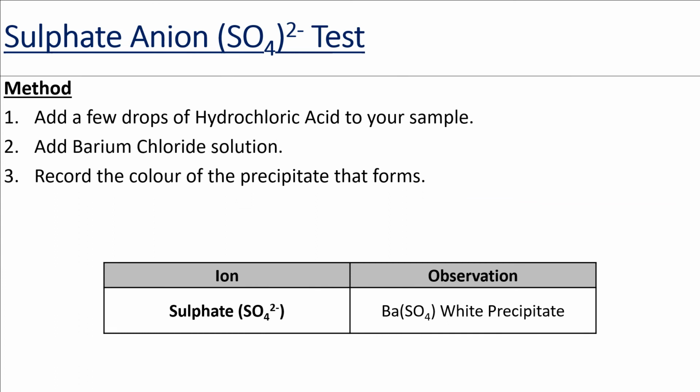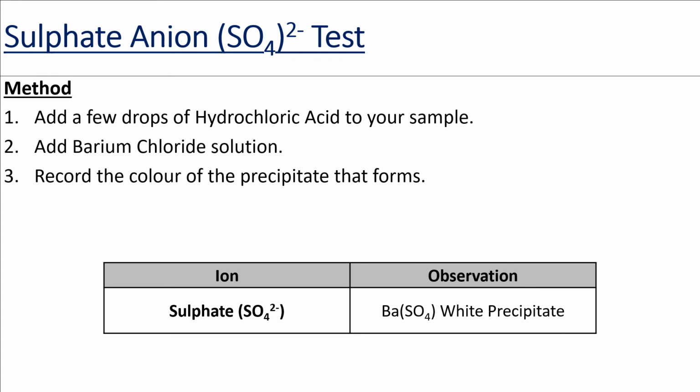We also need to be able to identify sulfates, which is the SO4 2- ion. So this time, the reagent is barium chloride. And we acidify it again, but because it's barium chloride, we acidify it with hydrochloric acid. And if a sulfate is present, we get a white precipitate of barium sulfate.